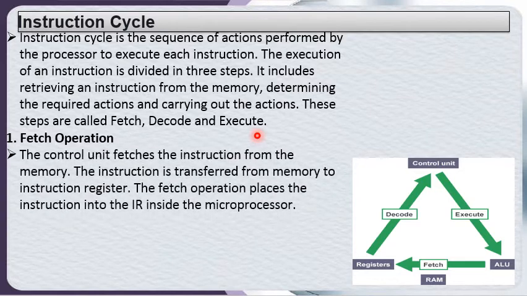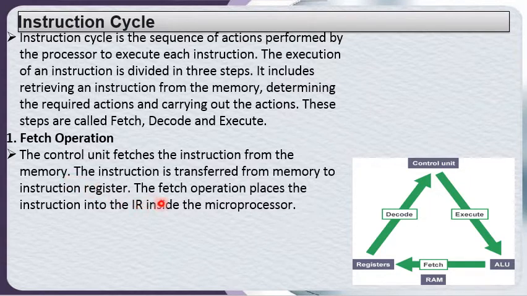What is fetch? The control unit fetches the instruction from the memory. Where are these instructions coming from? They are coming from the main memory. Then the instruction is transferred from main memory into a register.